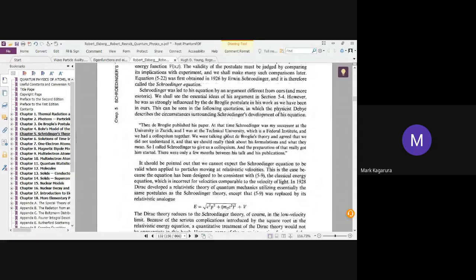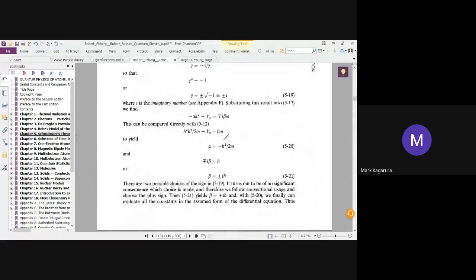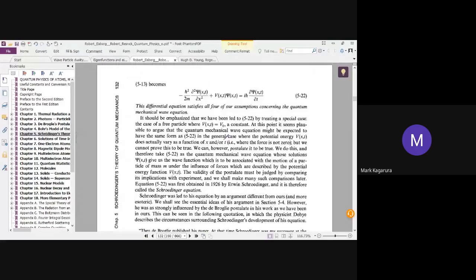They're just using constants there, so they end up with this version of the Schrodinger equation, which is what we had, the time-dependent Schrodinger equation.